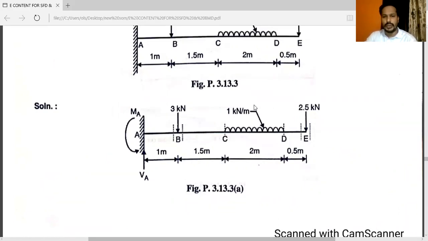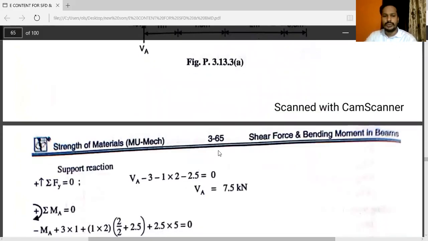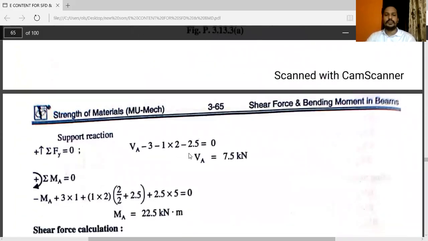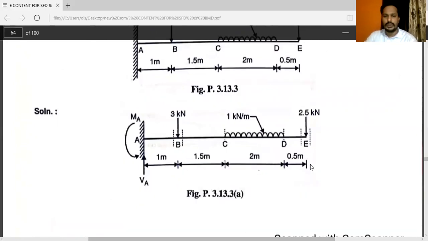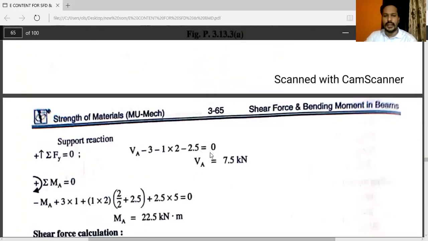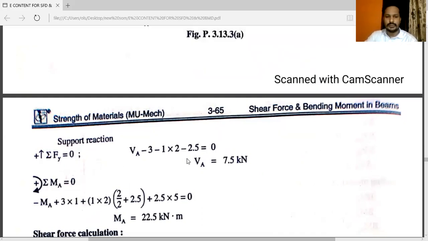You have to convert it into an equivalent point load. It is 1 into 2. So minus 1 into 2, minus, at point E, 2.5 kilonewton is acting vertically downward, so minus 2.5 is equal to 0. This is the first case. So VA is equal to 7.5 kilonewton.